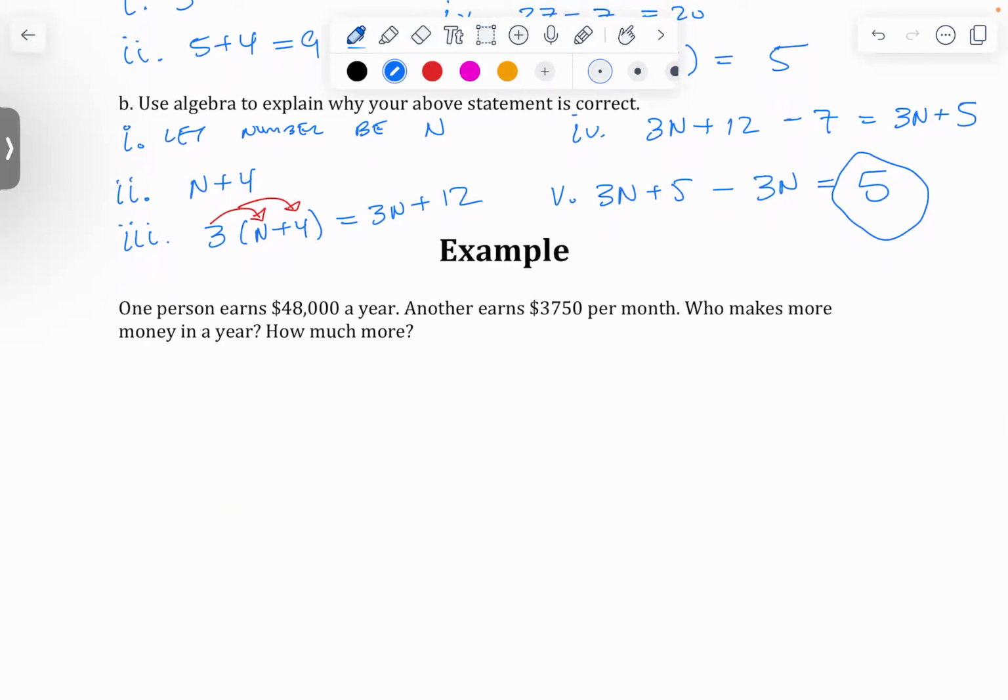Another example. One person earns $48,000 a year, another earns $37.50 per month. Who makes more money in a year and how much more? So person one.